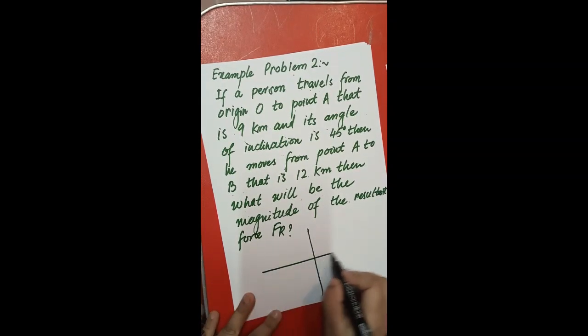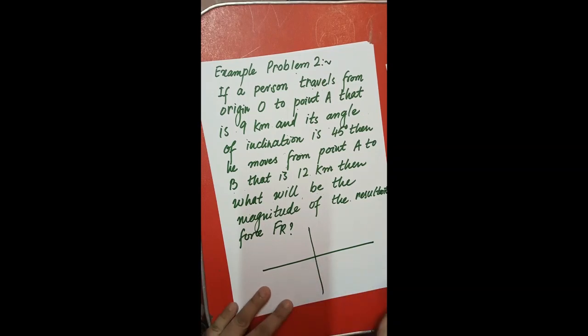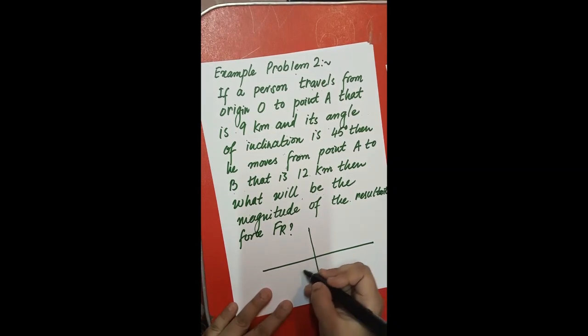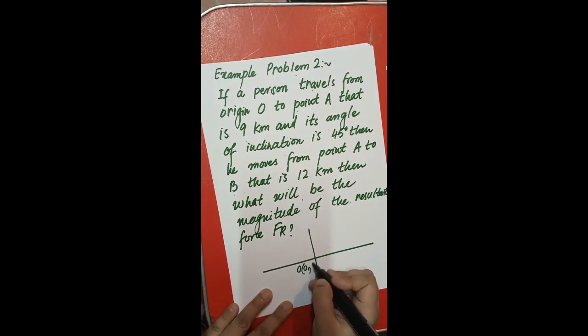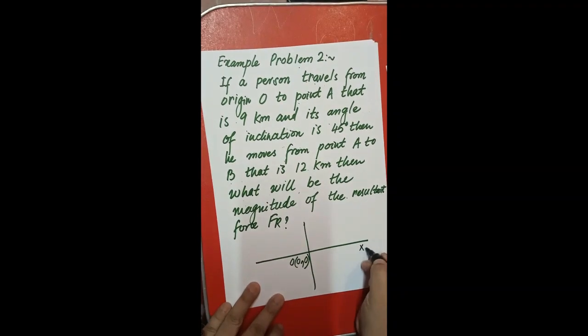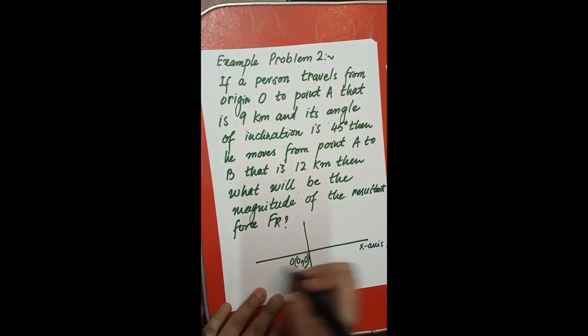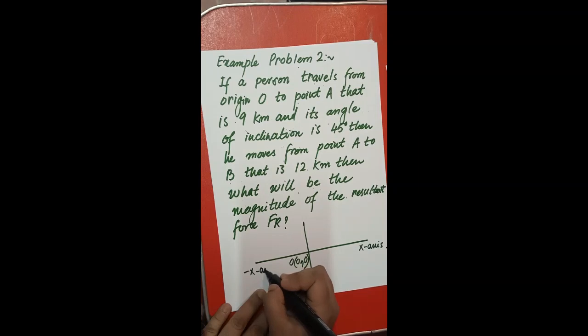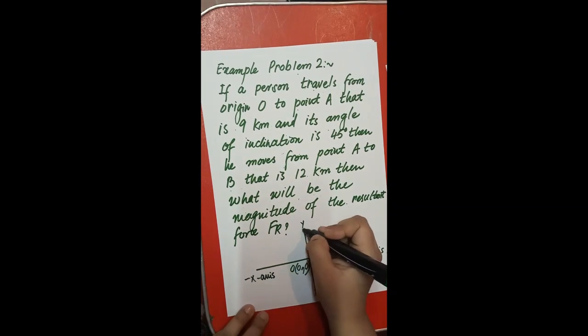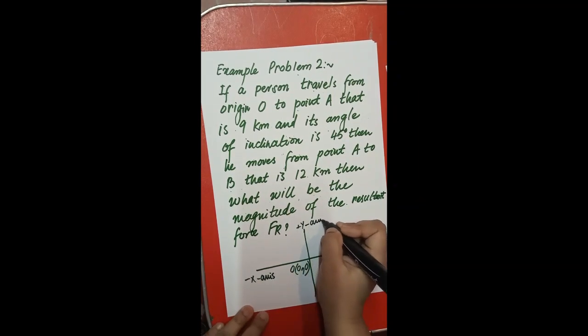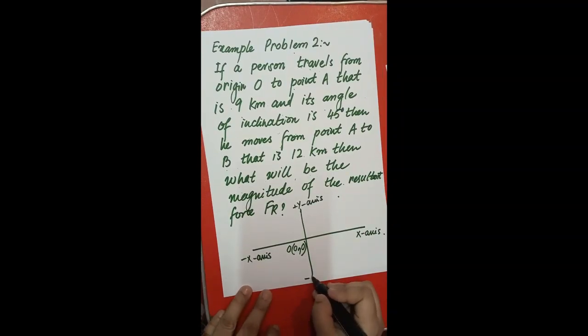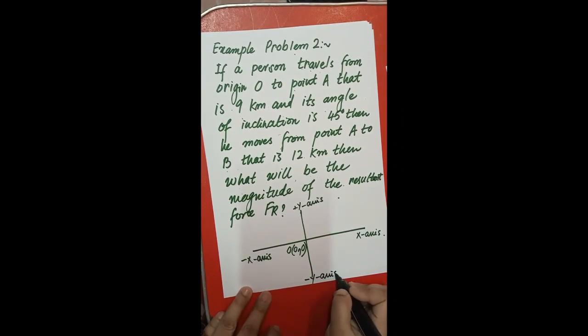first we have this diagram. For example, this is origin 0, 0. This is the x-axis. This one is the negative x-axis. This one is the positive y-axis. This one is the negative y-axis.